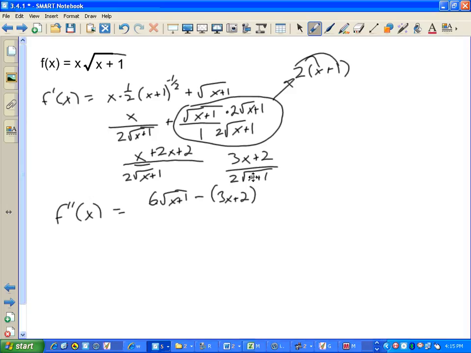Okay, derivative of the bottom is going to be 2 times, drop the 1/2, x plus 1 to negative 1/2. Simplify this, over bottom squared. So the bottom squared is going to be 4 x plus 1.